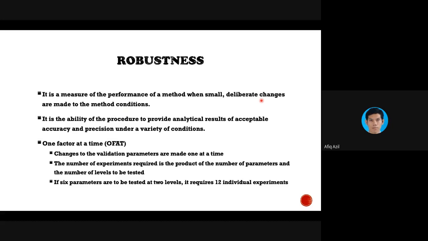You deliberately change it to lower and also to higher. By this, you will check whether the peaks obtained still come out at the same retention time, and whether the area under the curve is still the same or not. So these are among the things that you can deliberately, or how to say, purposely change.